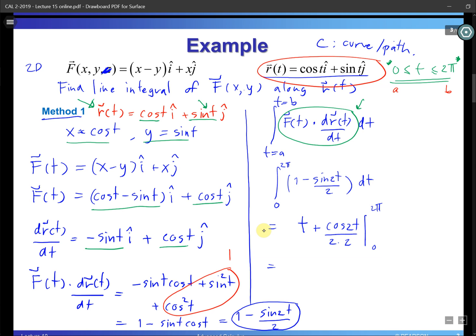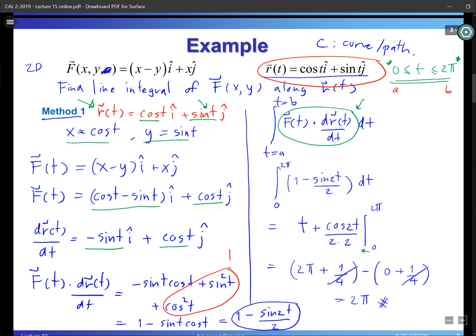Alright, 2 pi goes in, we have 2 pi right here, plus cosine of 4 pi, that is going to be equal to 1, so this is 1 over 4. Minus, now 0 goes in, so I have this t equal to 0, and then plus cosine of 0, that is going to be 1, and divided by 4. So plus 1 over 4. And you can see that this 1 over 4 cancels with this. So in the end, you have this 2 pi as the answer for this line integration.